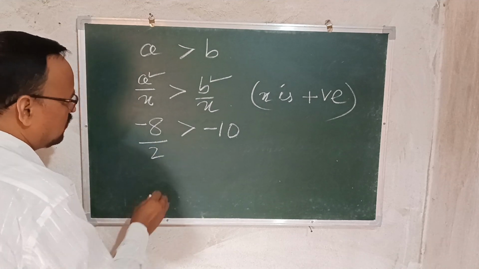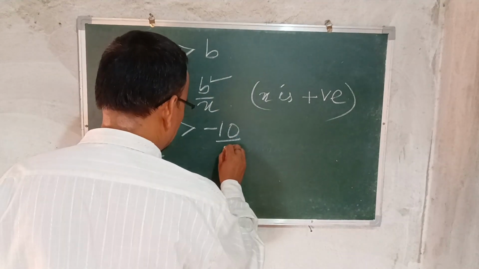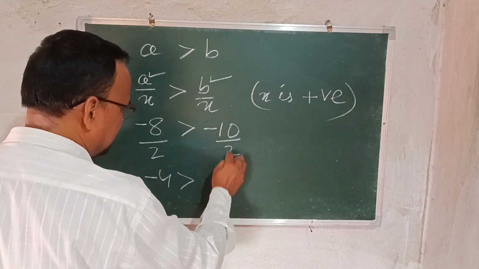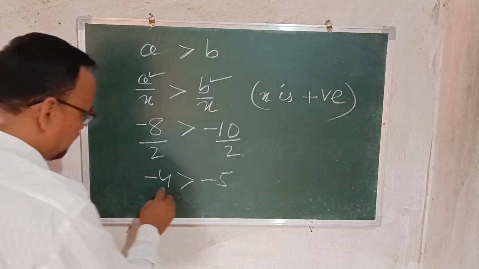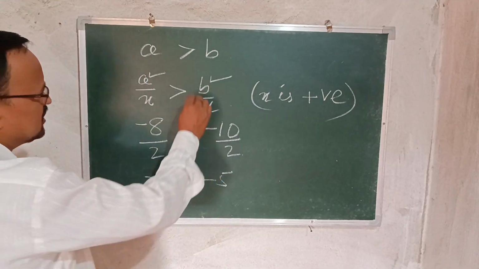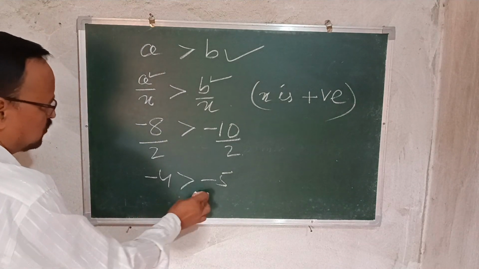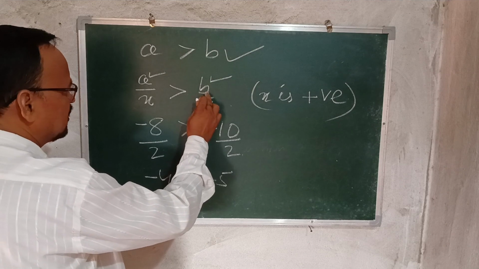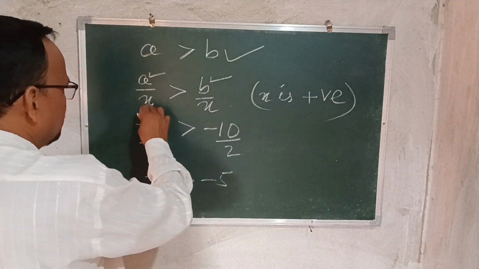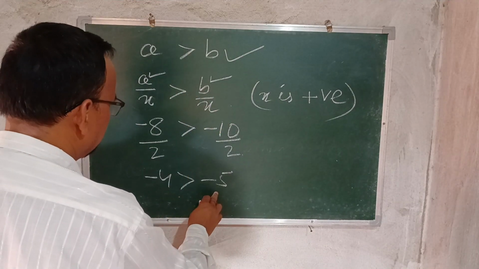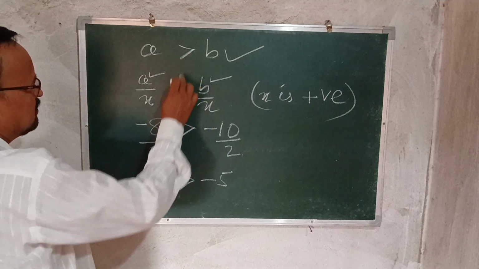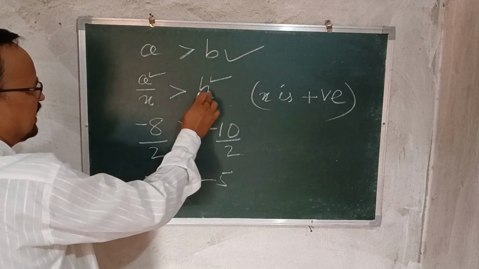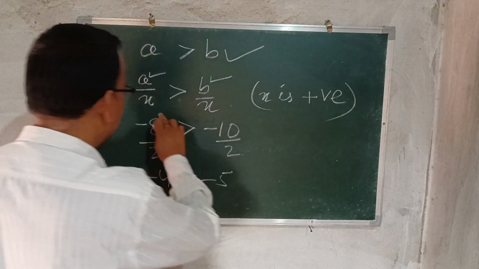Minus 8 divided by 2 is minus 4, and minus 10 divided by 2 is minus 5. Minus 4 is greater than minus 5, so this statement is true. When we divide both integers by a positive integer, the sign does not change.